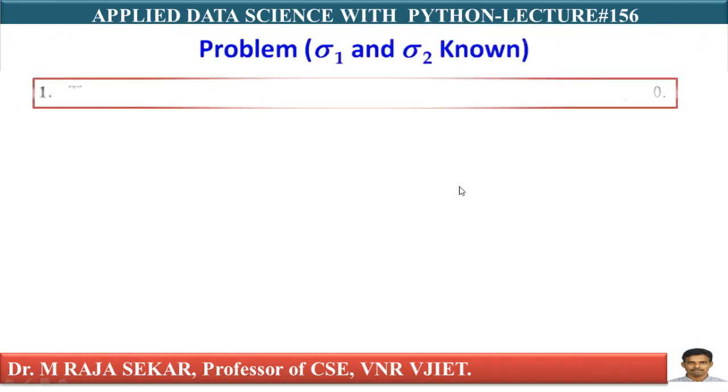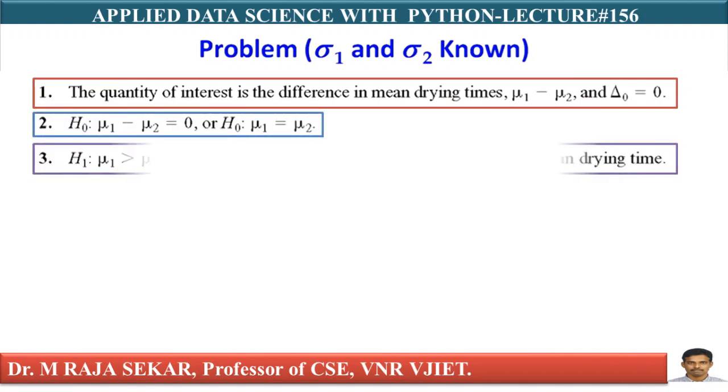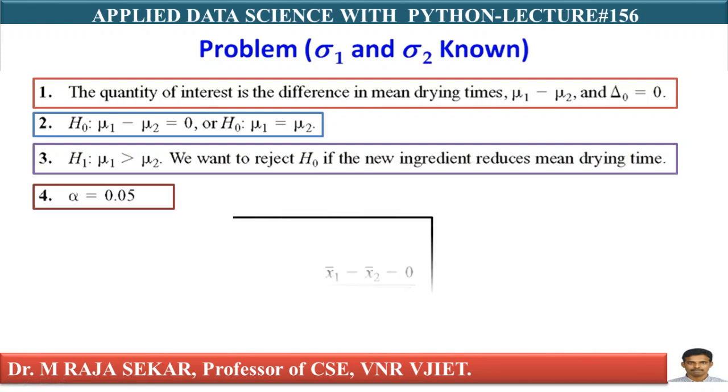That is the alternative hypothesis. The null hypothesis is mu1 equal to mu2, and the alternative hypothesis is mu1 greater than mu2, since the effectiveness must increase after including the new ingredient. Alpha equals 0.05, given in the question itself.